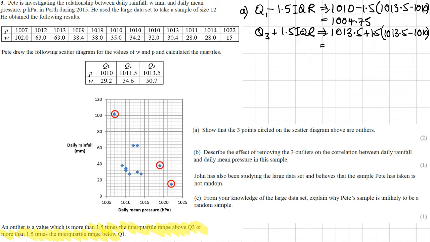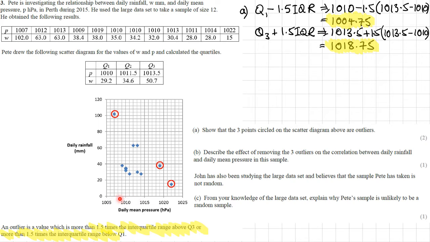If we do that calculation on our calculator, we'll get 1018.75. So in other words, if I have a pressure lower than 1004.75 or a pressure higher than 1018.75, it's going to be an outlier.